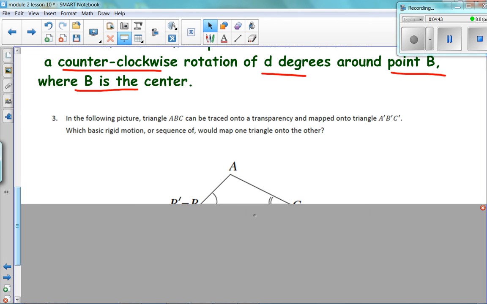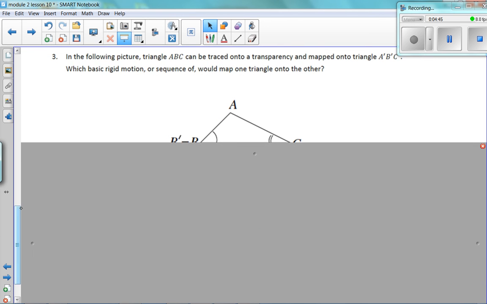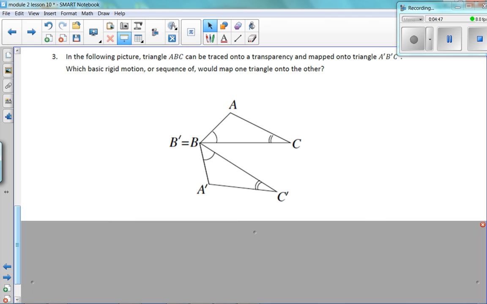Okay, question 3 says, in the following picture, triangle ABC can be traced onto a transparency and mapped onto triangle A prime, B prime, C prime. Which basic rigid motion or sequence of would map one triangle onto the other?